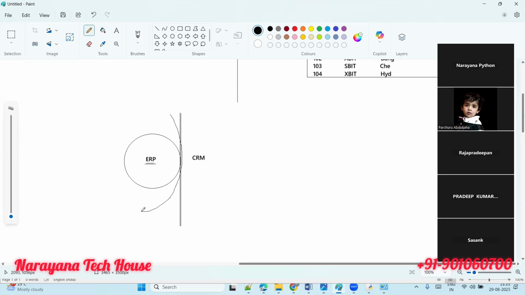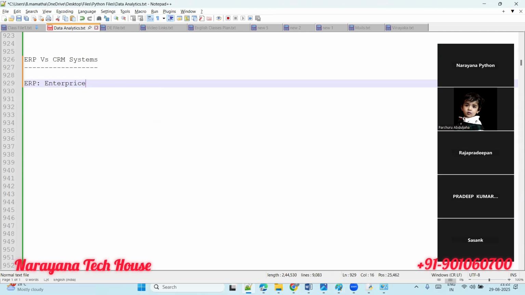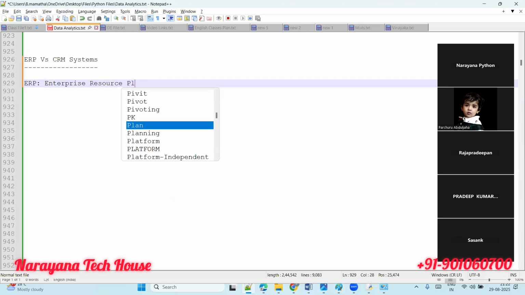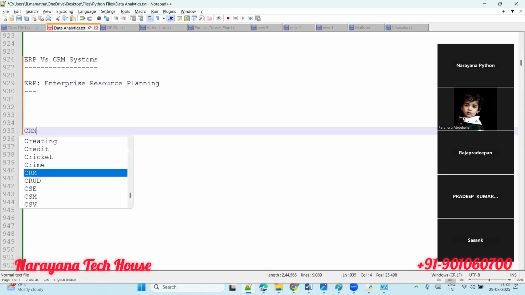ERP means enterprise resource planning. Enterprise, company resources planning. That is the full form. And we know the CRM full form.